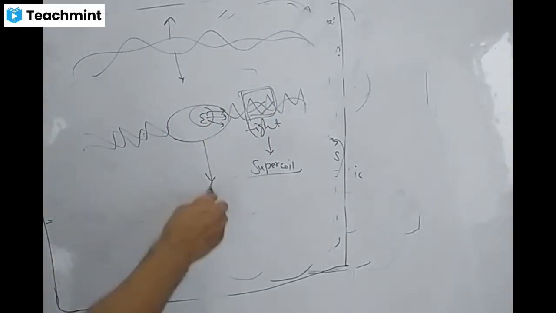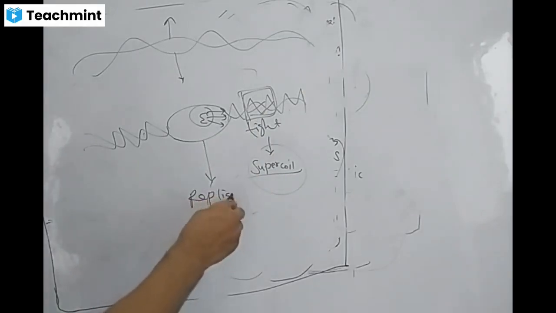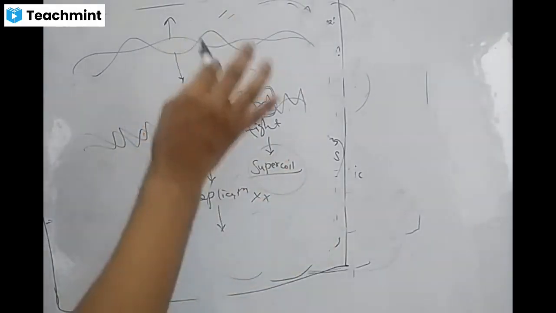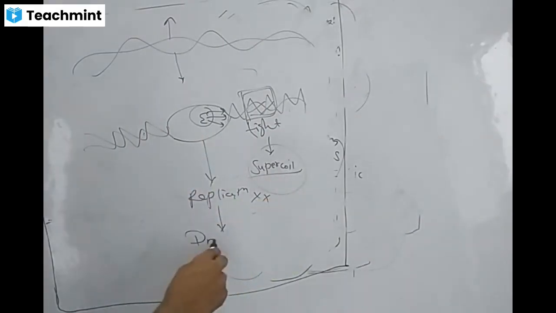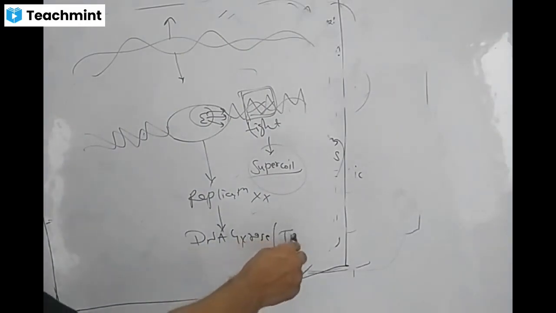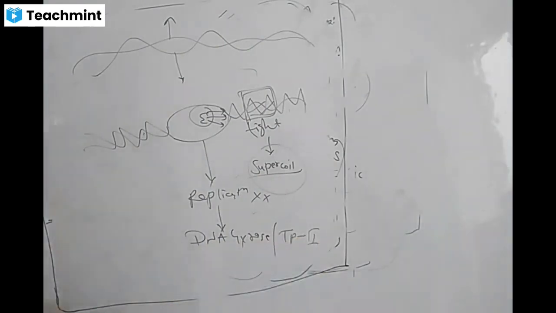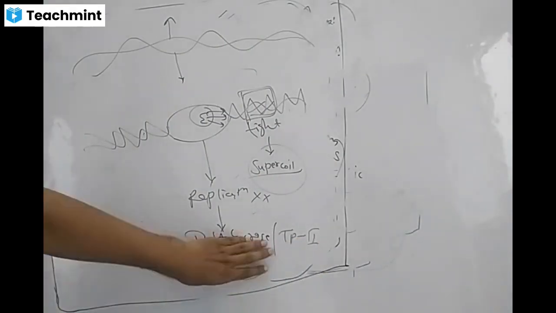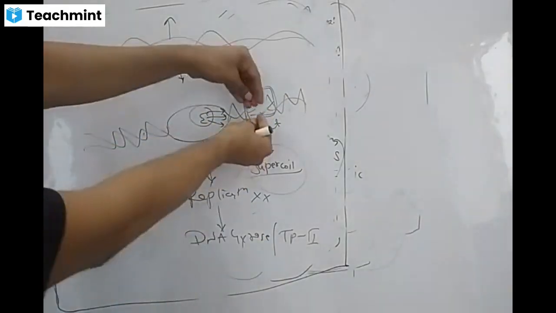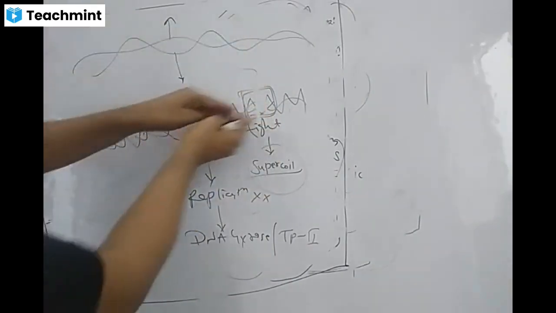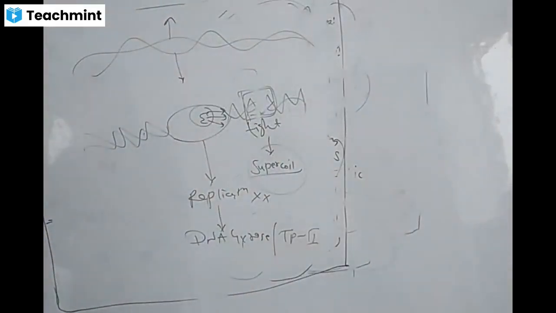So if we do not remove these supercoils, replication will automatically stop. So for that, normally bacteria or human beings have one enzyme known as DNA gyrase, also known as topoisomerase 2. This enzyme is normally present in the cell and it removes this supercoil so that the DNA also gets open and the replication goes on.